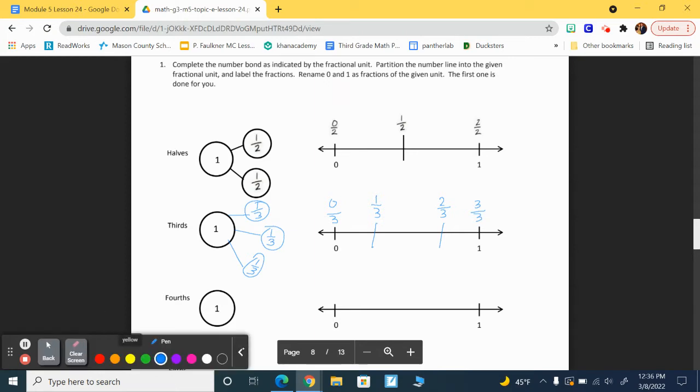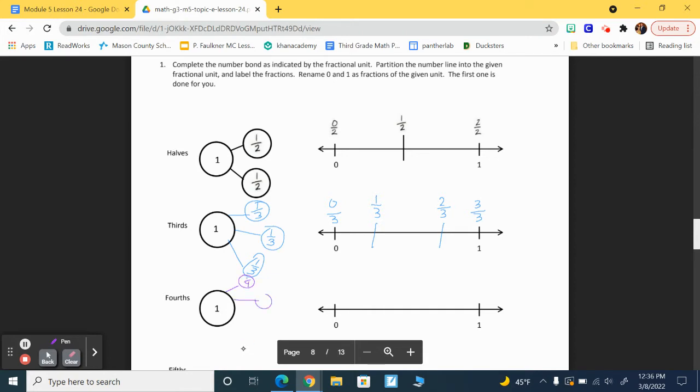And the next one down is on the fourths. It asks us, we're going to still use the whole, and this time we're going to switch it into fourths, okay? So here's 1/4, here's another fourth, here's a total of 3/4, and then 4/4, which makes that whole, okay? But they're all going to say 1/4.